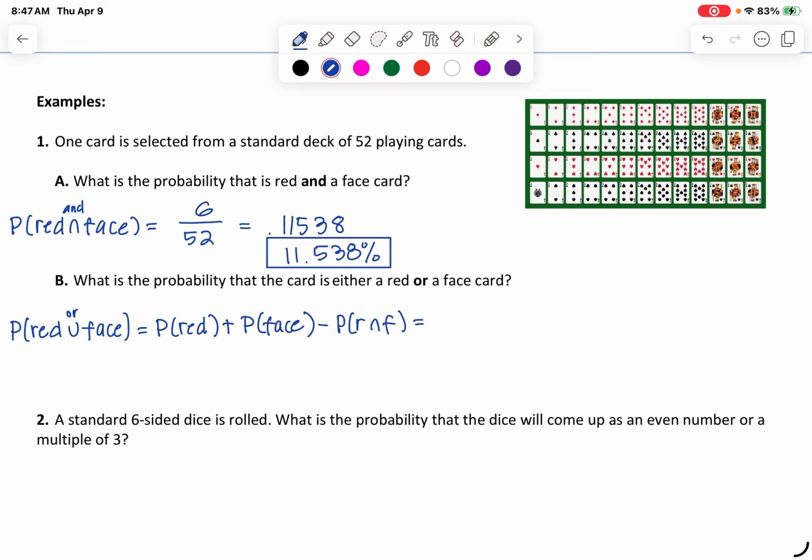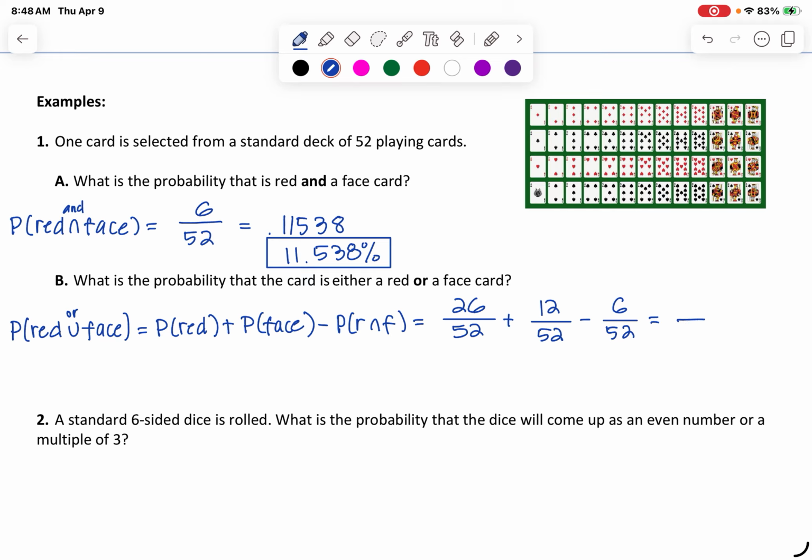So the probability that you are going to choose a red card, that is half the deck, so out of 52, there's 26 of them. Plus the probability that you would choose a face card. If you look here, there are 12 face cards. They're all right here. But now we just counted these 6 twice. So we have to subtract any red face cards. So 6 out of 52.